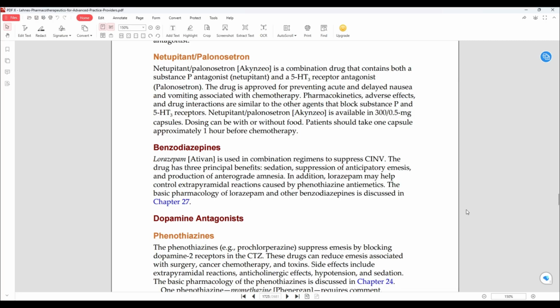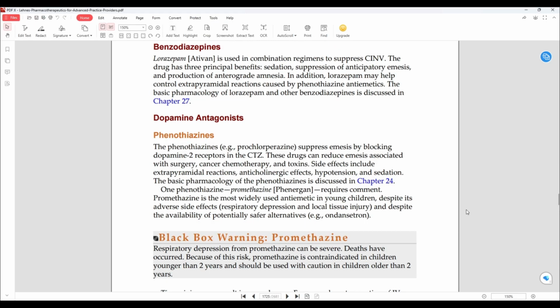Pharmacokinetics, adverse effects, and drug interactions are similar to the other agents that block substance P and 5-HT3 receptors. The combo drug is available in a 300/0.5 milligram capsule. Dosing can be with or without food, and patients should take one capsule about 1 hour prior to receiving chemo.